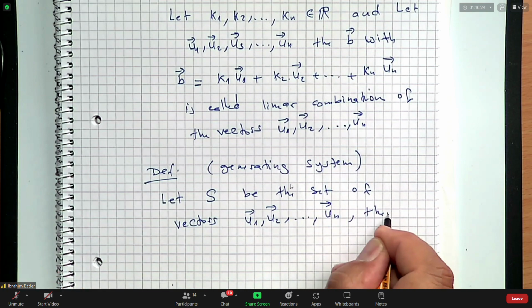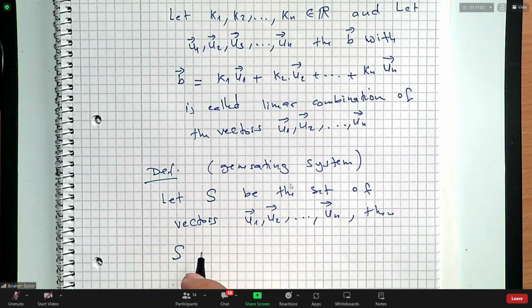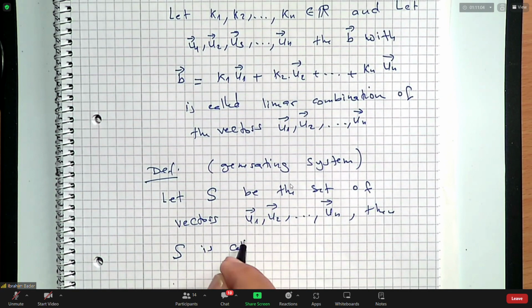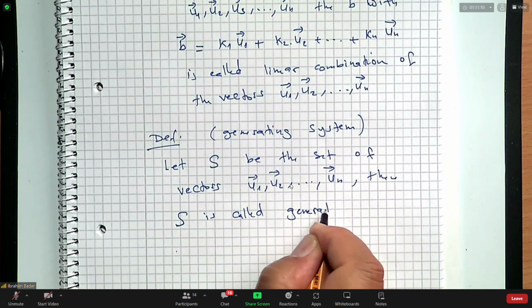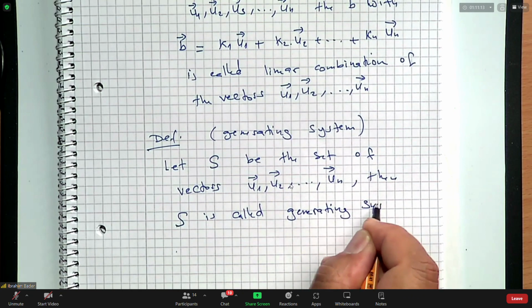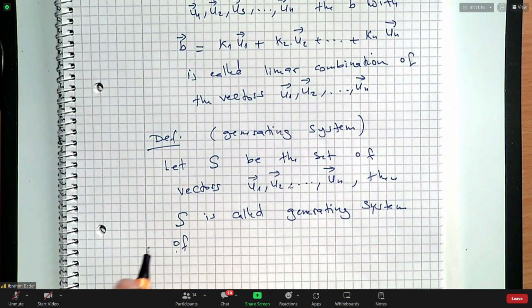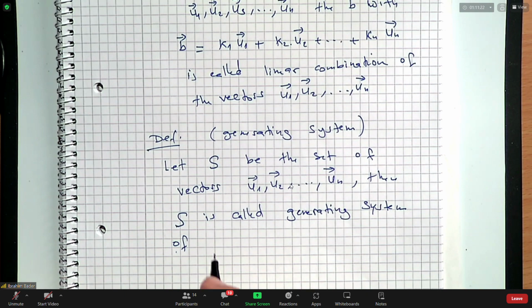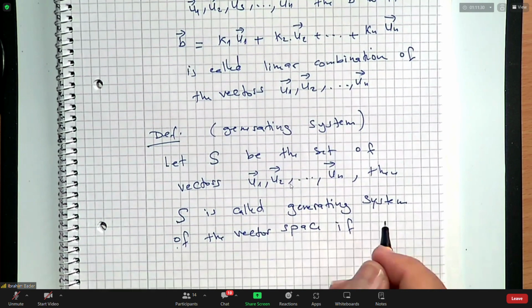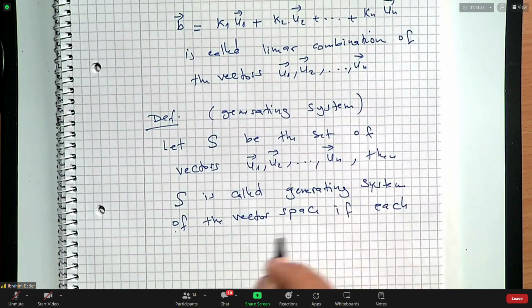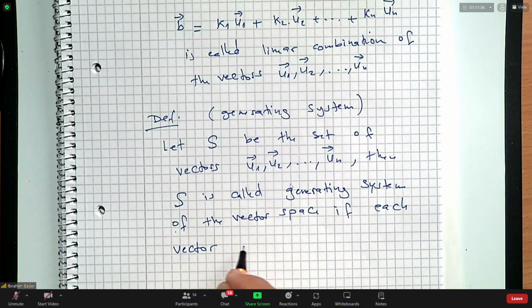Then S is called a generating system of the vector space if each vector is a linear combination of u1, u2 up to un.